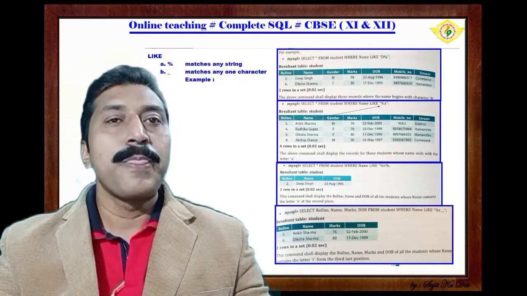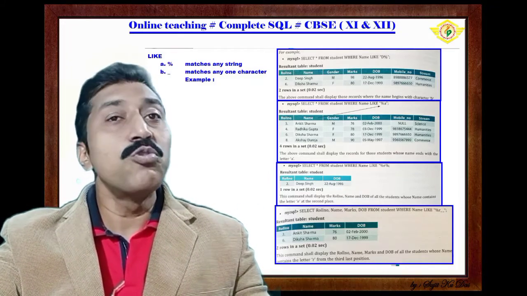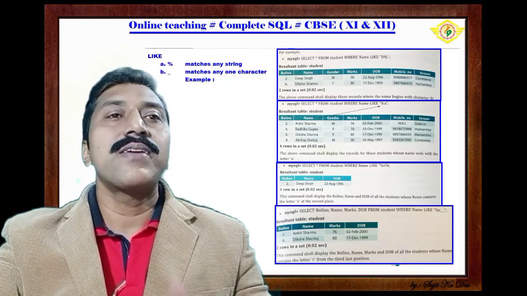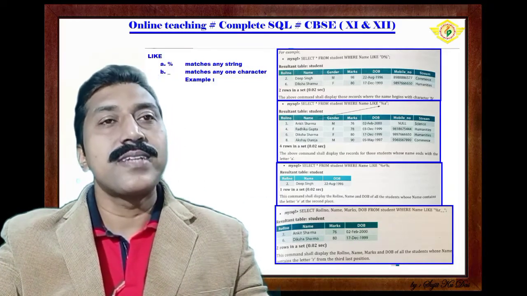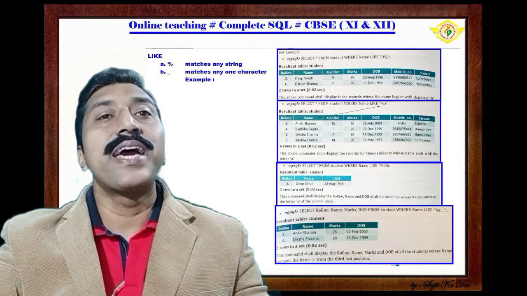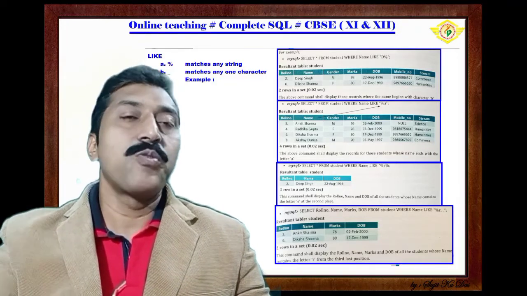It means it displays the records of those students whose name ends with the letter A. Next is select star from student where name like %E%. Suppose I am writing this, what do you mean by this?